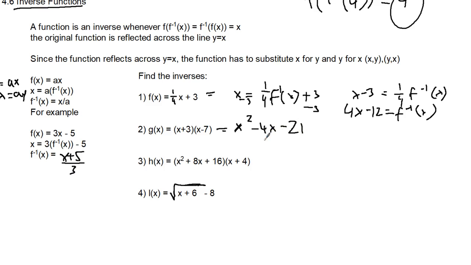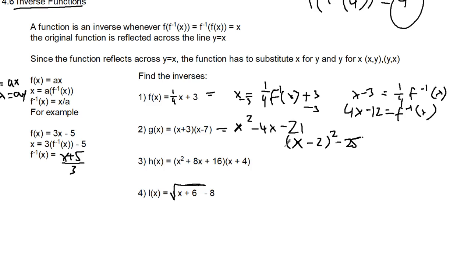After that, you can combine the equation to get x minus 2. You can complete the square and get x minus 2 squared. But we have to add 4, so we have to subtract 4, so x minus 2 squared minus 25.